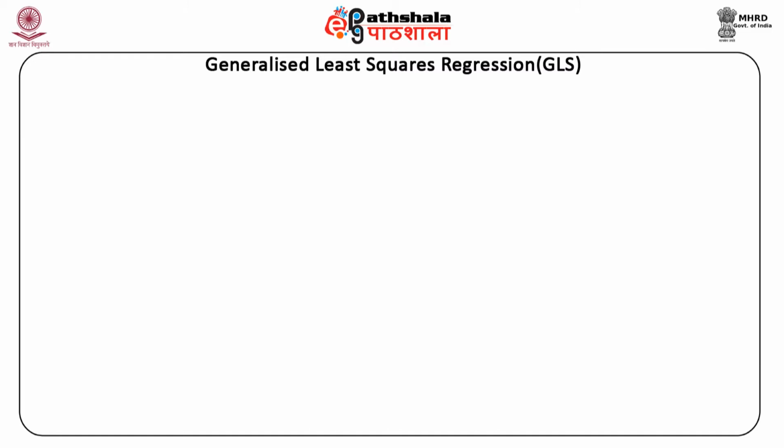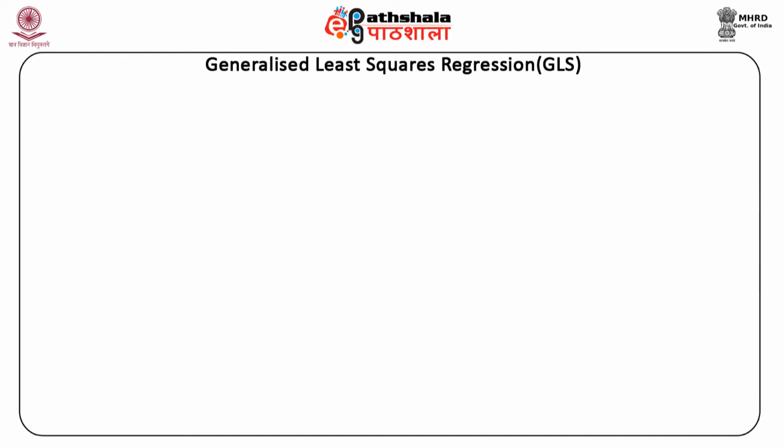Autocorrelation, also known as serial correlation, is said to be present in a regression model when this assumption is violated. So it implies that covariance between u i and u j is not equal to 0 for some i not equal to j.